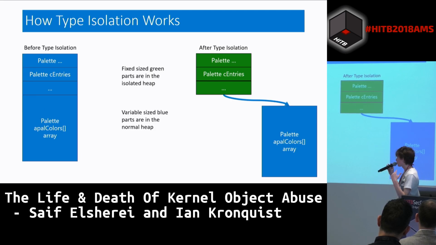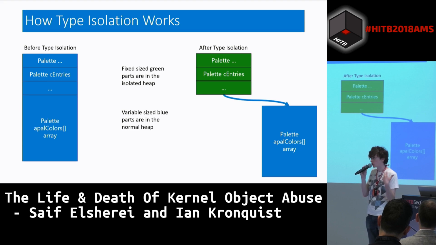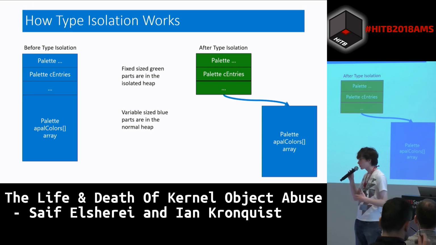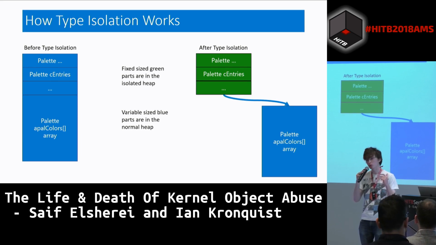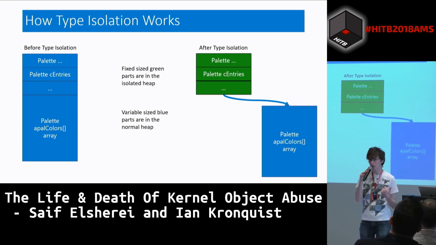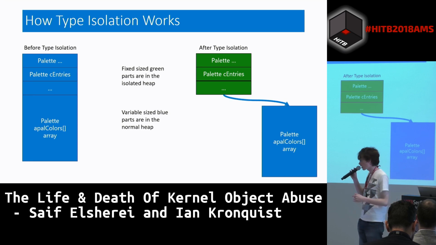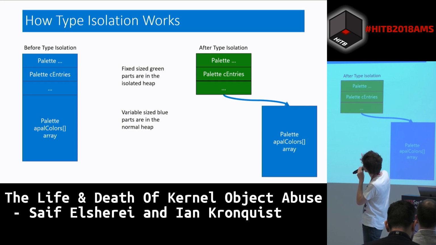One of the problems we encountered, though, is that the bitmap object and the palette object are variable sized. You can have a big palette, a little palette, a big bitmap, a little one, and that makes it difficult to prevent bitmaps from overlapping each other. And if we can't stop bitmaps from overlapping each other, half of Saif's stuff still works. So we decided to realize that there's a fixed size part up there in green, and there's a variable sized part in blue, this array of user-defined color data.